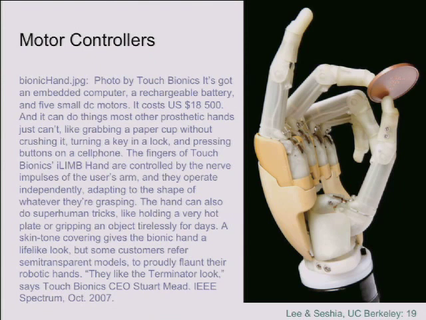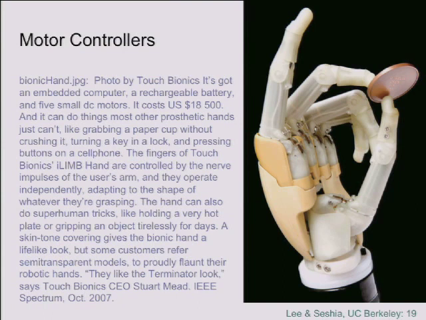Here's a pretty nice example of a prosthetic hand that has the ability to apply very sensitive forces. They advertise that it can lift a paper cup without crushing it. That is a big deal for a prosthetic hand, and it's absolutely non-trivial to do. That requires very precise control over these motors. At the time that I looked, about 4 years ago, this particular bionic hand sold for $18,500. So not a cheap device and not easy to control.